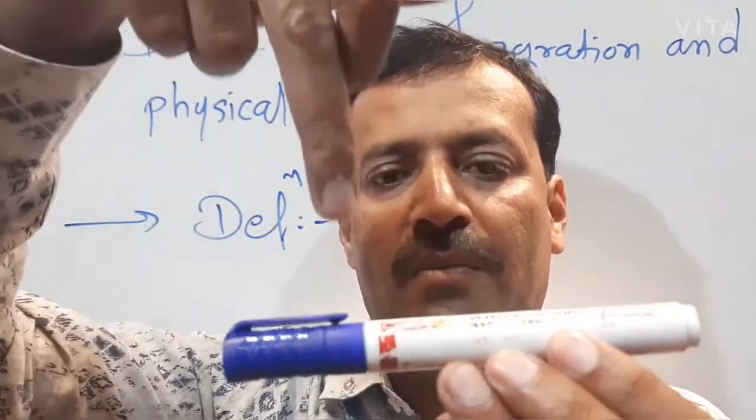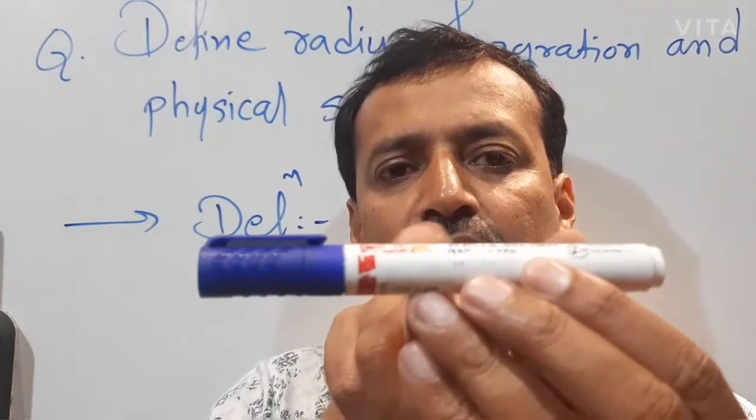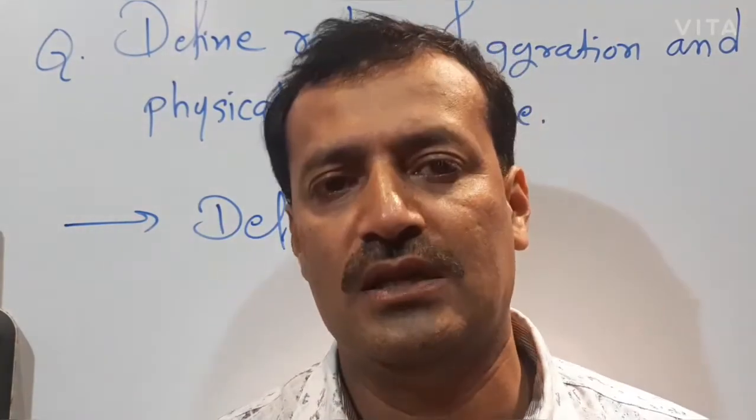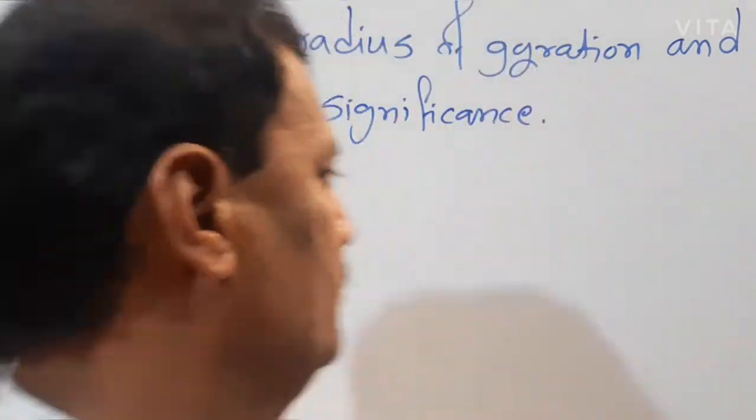That means the MI about this axis and this axis should be same. Then the distance between them is called a radius of gyration. So write down this definition.